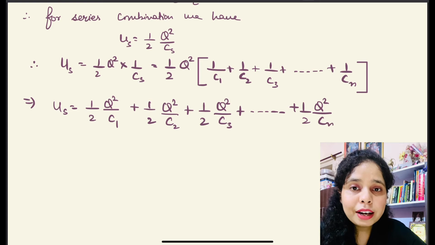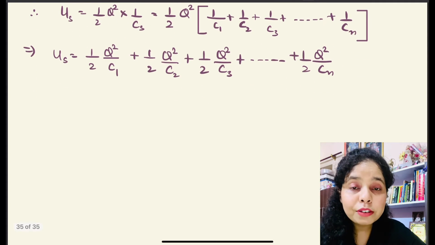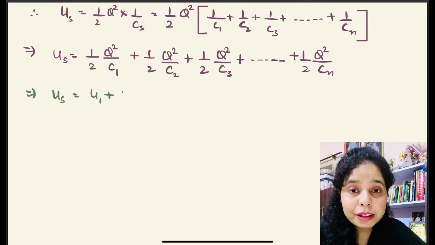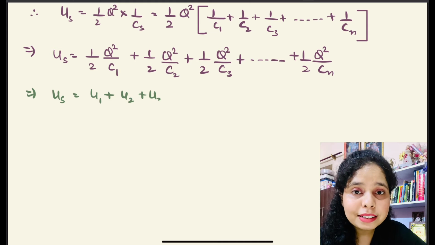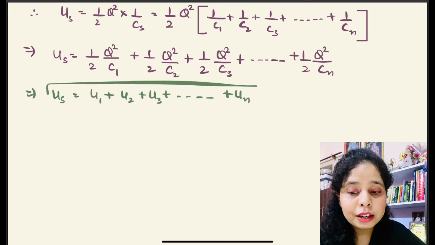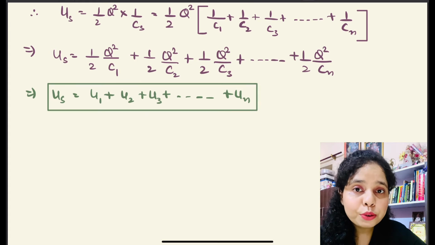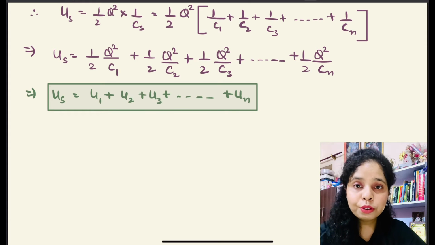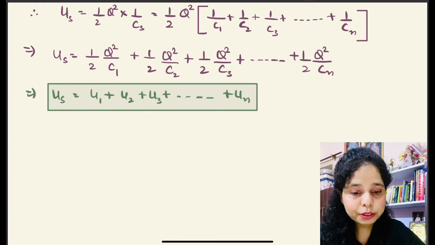So we are having this formula, and we can say that the first term is representing the energy stored in the first capacitor. Therefore, we have US is equal to U1 plus U2 plus U3 plus and so on Un. So this is the formula for the total energy in the combination of the capacitors when the capacitors are connected in series. So in series combination, we can say it is the sum of energies stored in the individual capacitors.